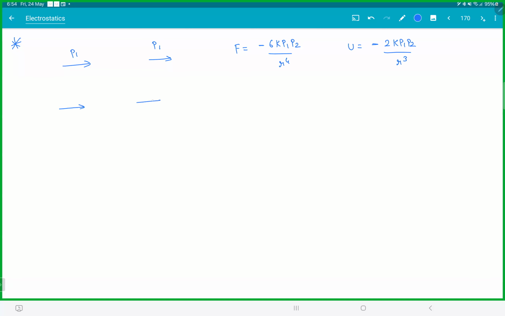Suppose the same dipoles were like this. In this case, they would be repulsive. The force would be plus. You can just put P2 as minus 1, so you would have got the same thing anyway, plus. In this case, they're repulsive. This is attractive.